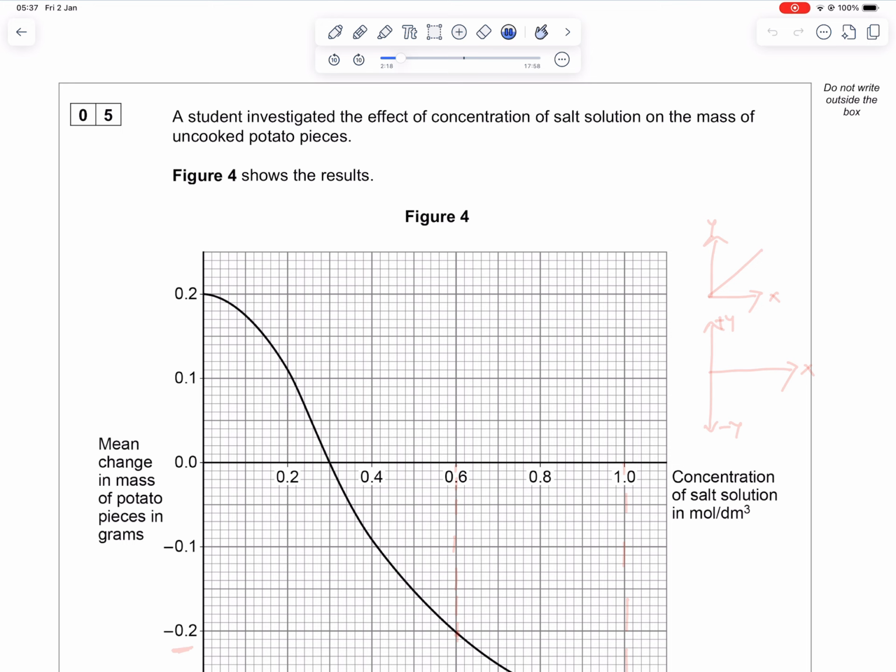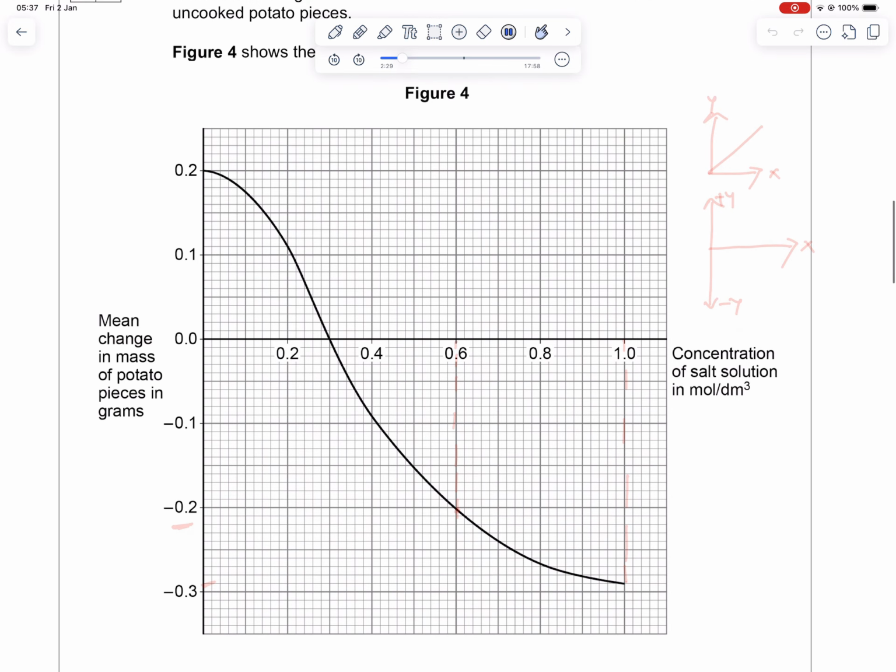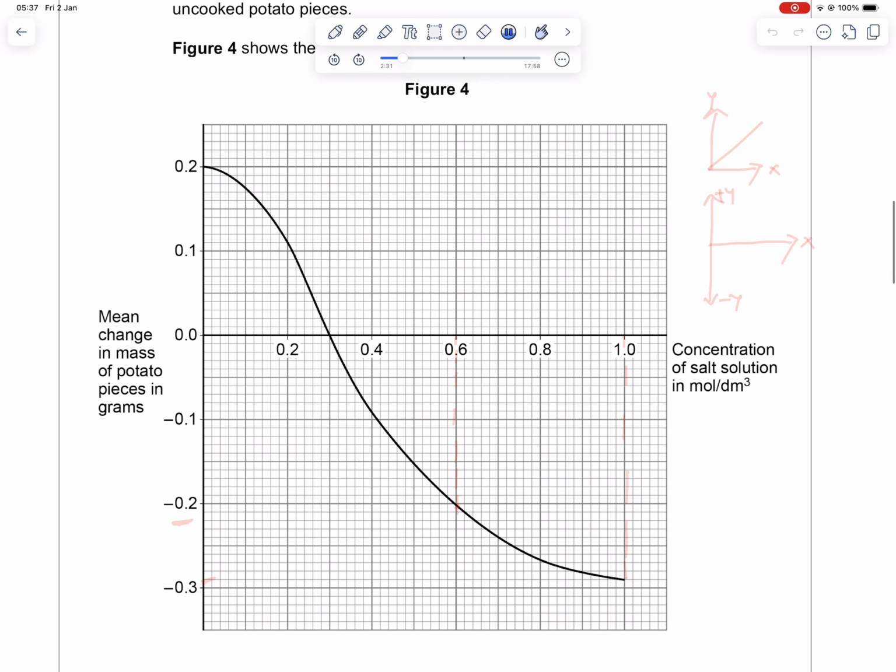Now, the question says a student investigated the effect of concentration of salt solution on the mass of uncooked potato pieces. There is a graph given here which says figure 4. Some of you are very good at interpreting graphs, and some of you, if you're anything like me in my GCSEs, struggle with graphs.